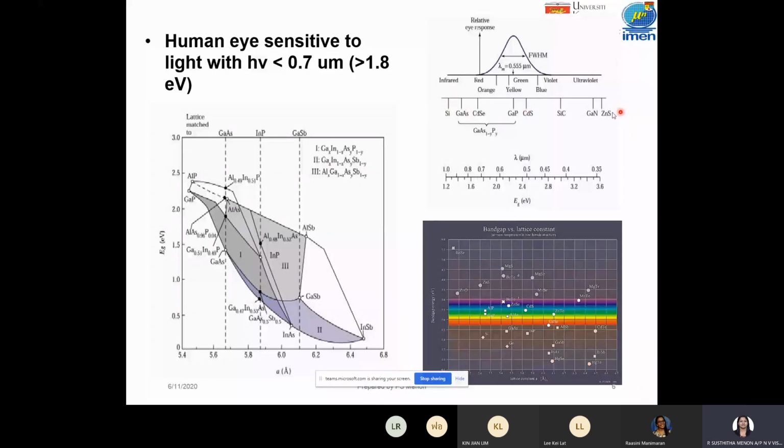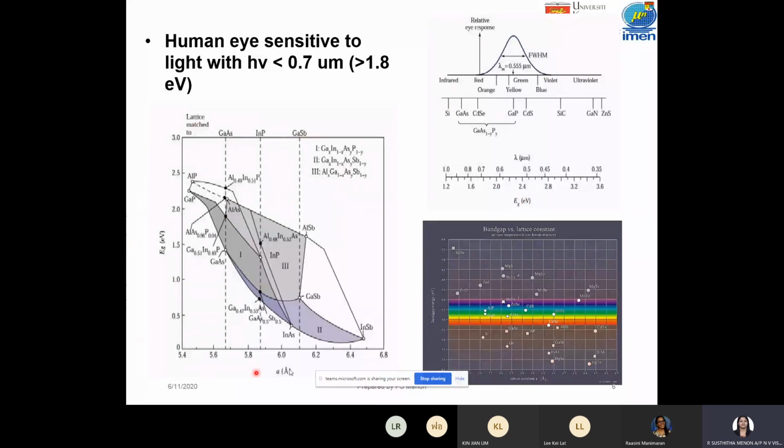Beneath here are semiconductor materials, which are used to obtain these wavelengths. Some of them cannot be seen with our eyes, but these are semiconductor materials. And this is the corresponding wavelength and also the photon energy.